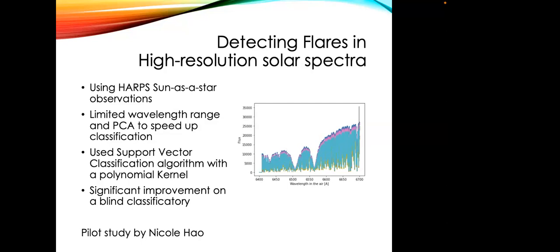For this, we use the HARPS Sun-as-a-Star observations. There's 3 years of public data. I should note that this study was done by my student, Nicole Howe. Based on what we saw with WASP-85AB, I thought there has to be a better way of tracking whether or not this was likely to be affected by stellar activity.